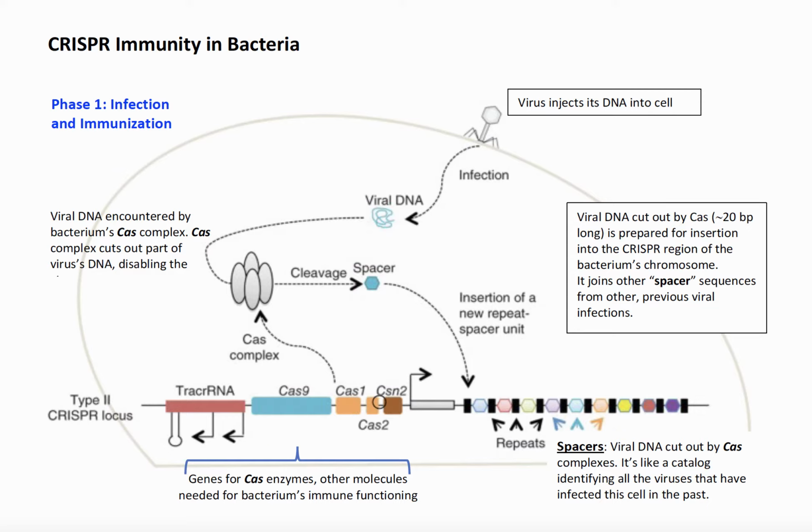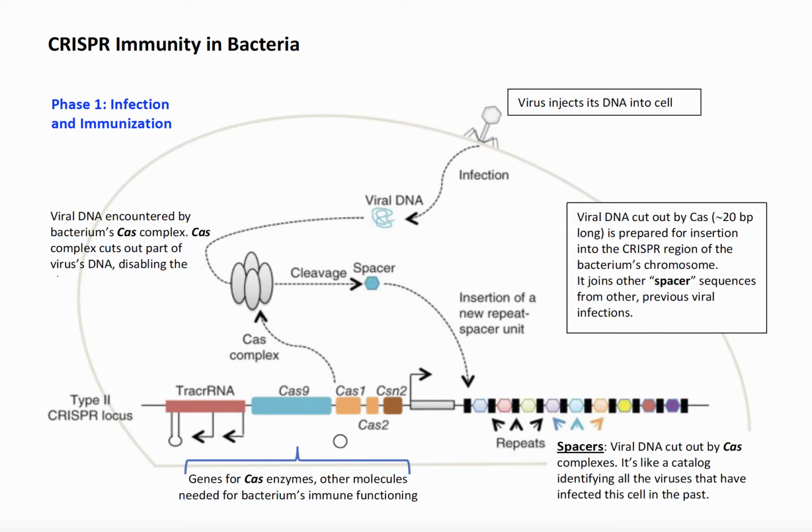And there are a bunch of different genes, and then the region of the locus that gives us the name CRISPR. This is where we have these repeats, the black parts, where you have very similar palindromic repeats of nucleotides. And then between those repeats, some different sequences that we now know are sequences of former viruses that have infected the cell.